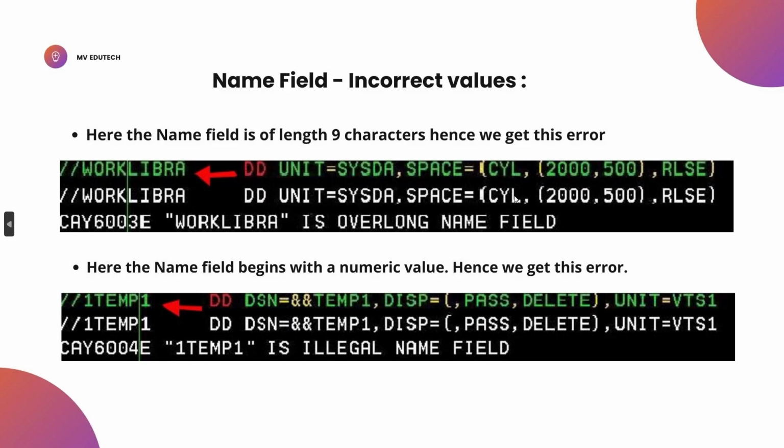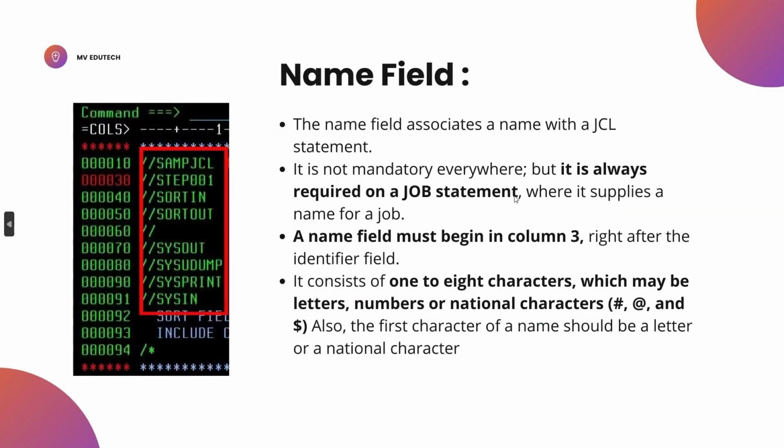In the second one, the name field begins with a numeric value, so we get an error saying it is an illegal name field. Don't start with a number; it should start with a letter or a national character.